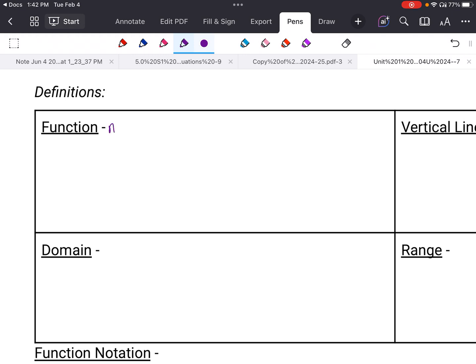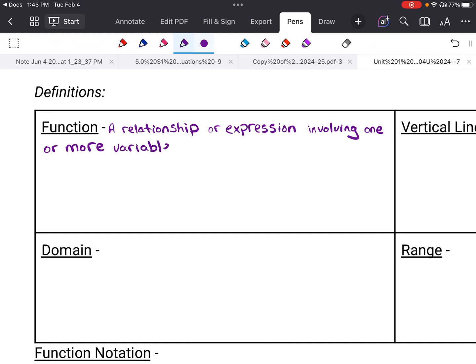A function is a relationship or expression involving one or more variables in which each independent variable has only one dependent solution.